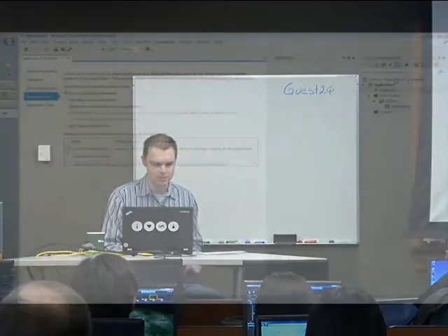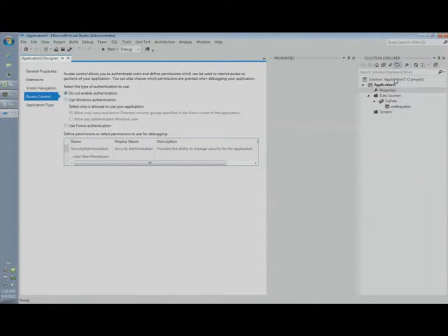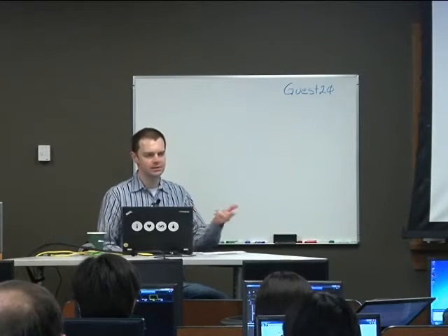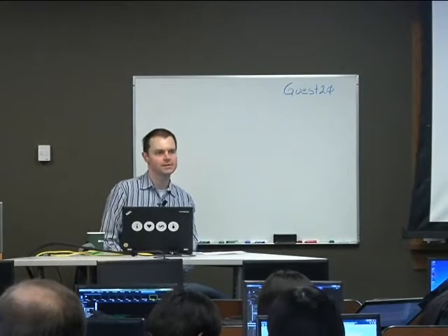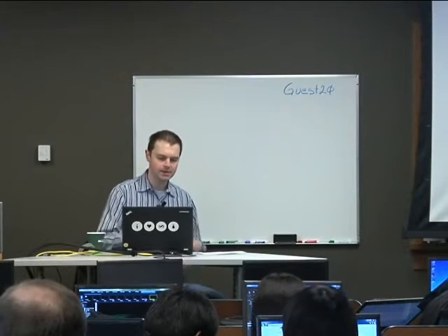If you go to application properties, by default the authentication is not enabled, but you can enable authentication and say I want to use Windows authentication or Forms authentication, which translates into ASP.NET Forms or HTTP Basic for the OData service.